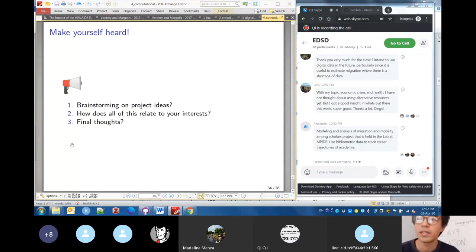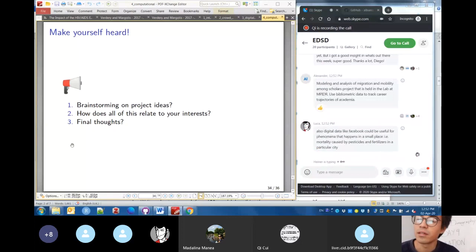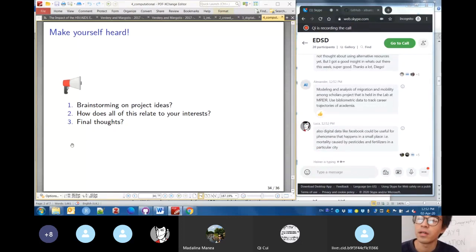So Sasha is analyzing migration and mobility among scholars. Okay, so you're interested in this. This is something that several colleagues are working on, led by Samin Aref, using large sources of bibliometric data to track high-skilled mobility. That's a very interesting process.